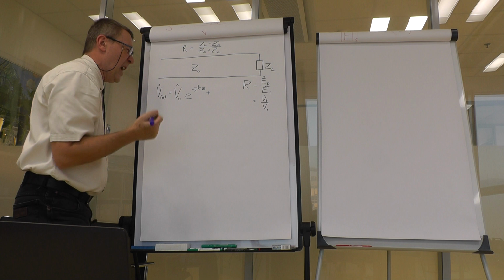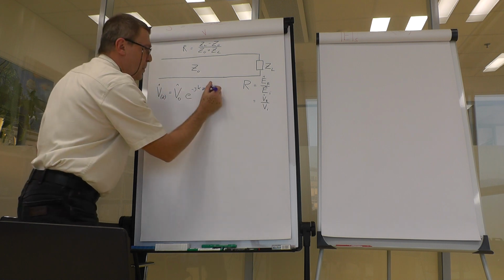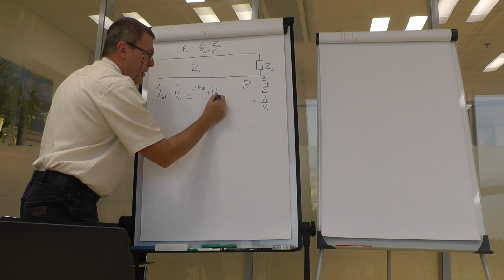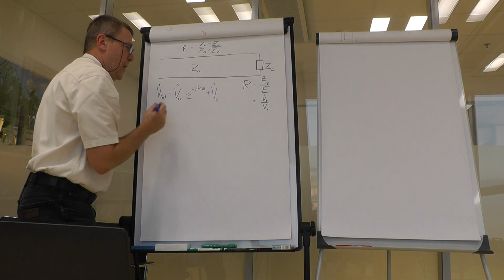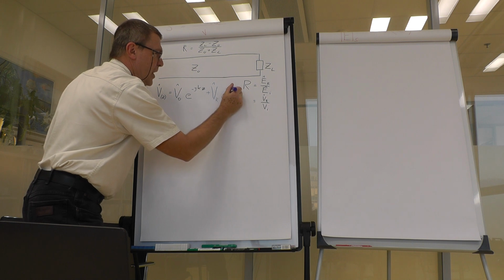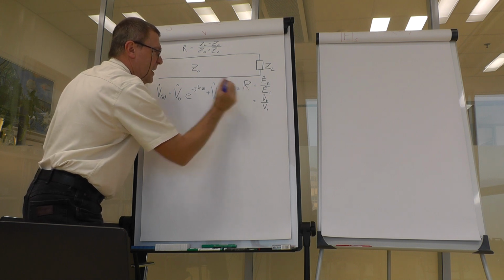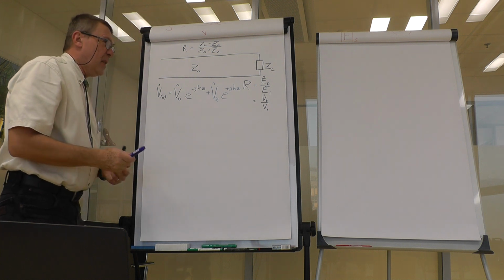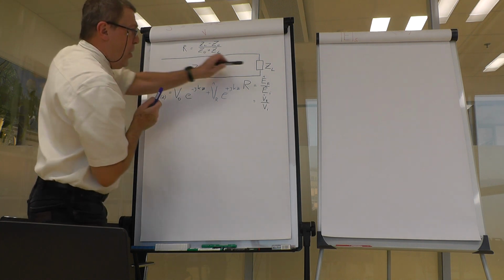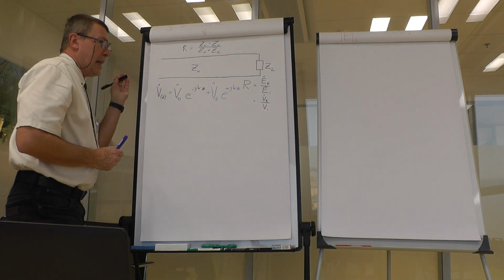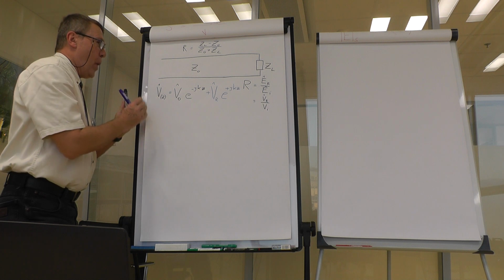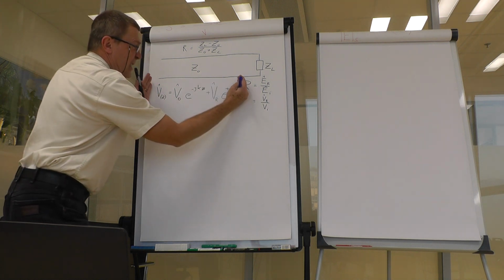Remember, it's some 4 or 5 lectures ago, which would be some other phasor, let's call it V, voltage of the reflected wave, and that is only different by having plus j k z in the exponent. So this sign determines whether that wave travels along the line in the direction of the z or against the z. And now we have this possibility, and this is a general solution.